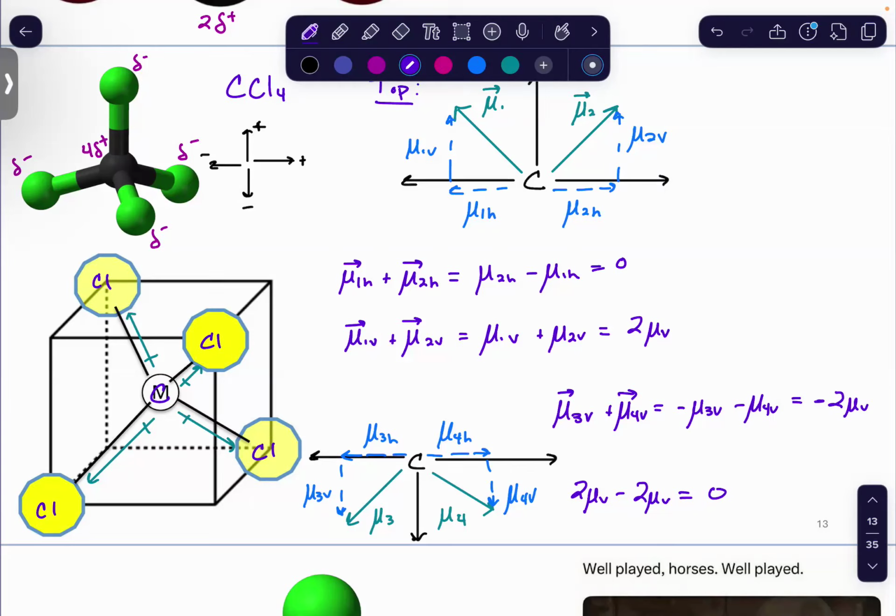But you could also think about it if you were to take a sphere and just wrap it around that molecule, and then put the bond dipoles in, you would see that those bond dipoles point off in equal directions in a spherically symmetric space, which should tell you that in the end they're all going to cancel each other out. No matter how many components you break them into, they're all going to cancel each other out.